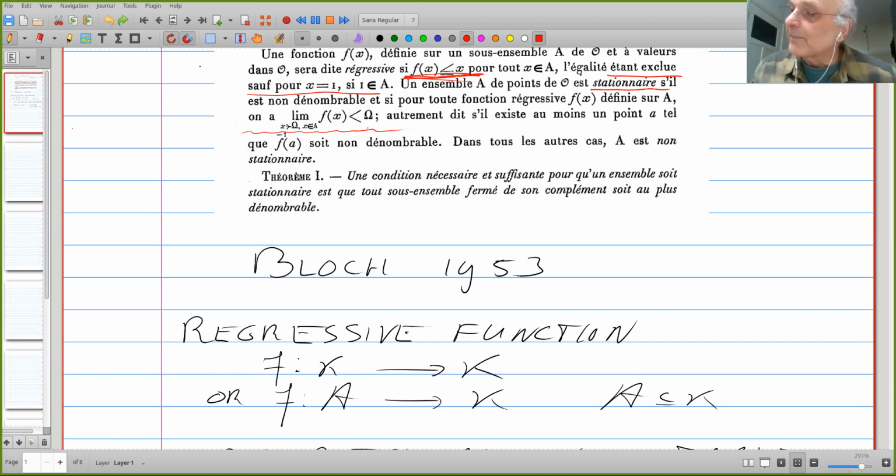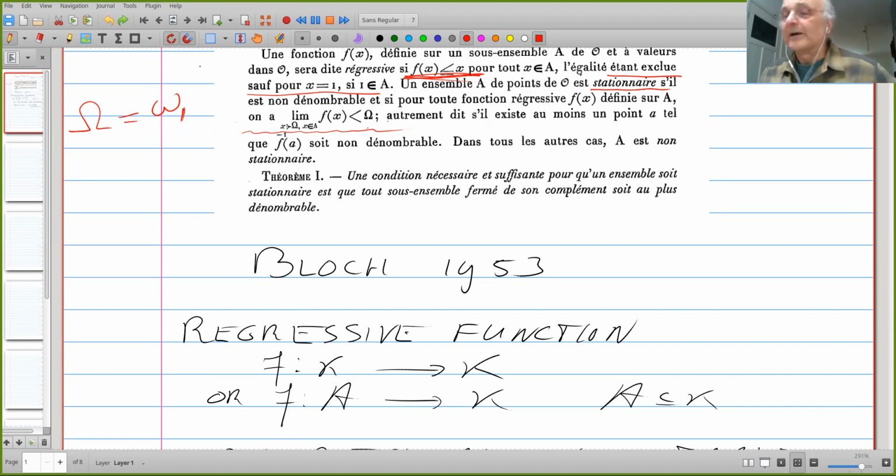Well, capital omega is what very many people, including Cantor, used for omega 1. Omega 0 was lowercase omega, and capital omega tended to be used for omega 1. So that's why I said we're working on omega 1 here.